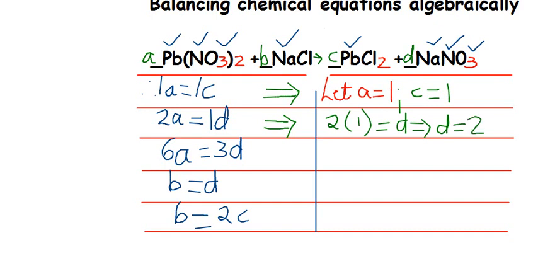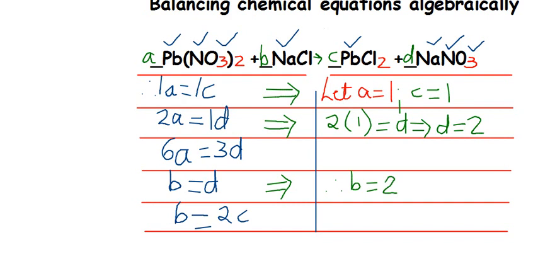Now coming to the third equation, the equation is between A and D. Well, we have the values for both A and D, so we need not solve the third equation. Now going to the fourth equation, we have B equals D. So therefore it implies that B equals 2.